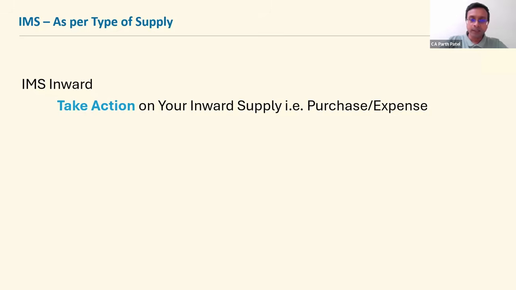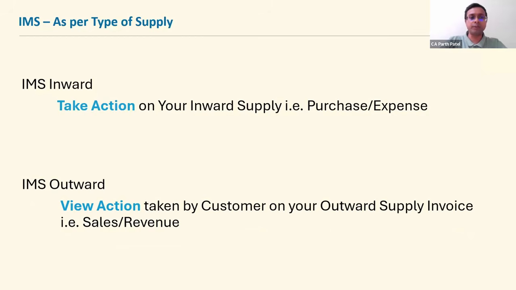There is another section called IMS outward. IMS outward is for viewing the actions which are taken by our customers on the invoices which are uploaded by us. So as a business, I'm uploading my GSTR1 every month or quarter.